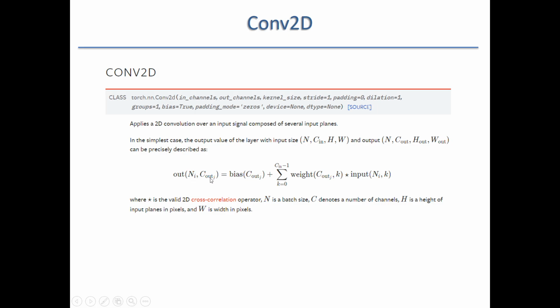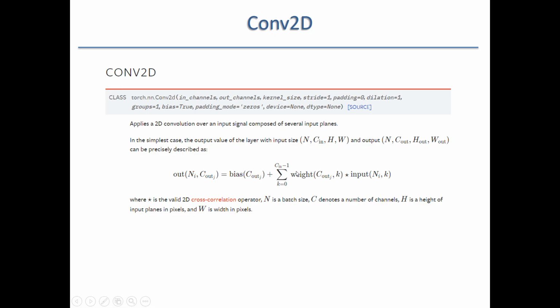Ni are the batches, so for every image in the batch, the output channel j, which is a full image, will be a full bias. This bias has the same size as the output image, plus a convolution or a sum over all input channels of the weight of that channel, and this is the input in that channel again.